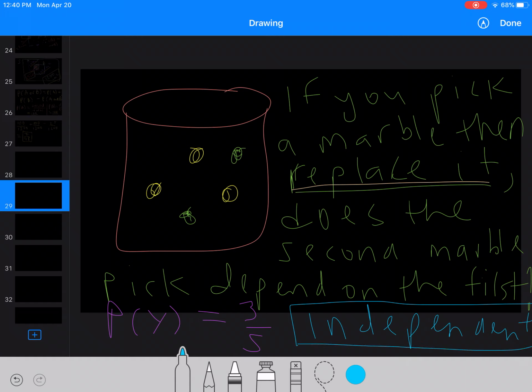Okay, so if you put the marble back in the jar or bag, it does not depend on your pick if you put it back in there and you replace it.